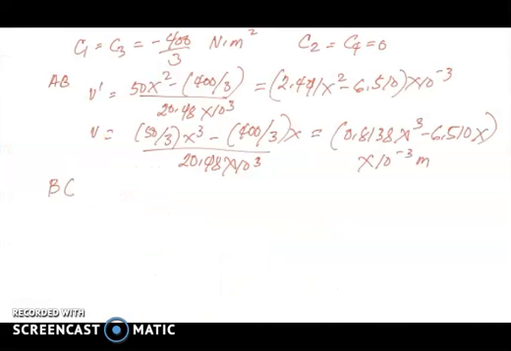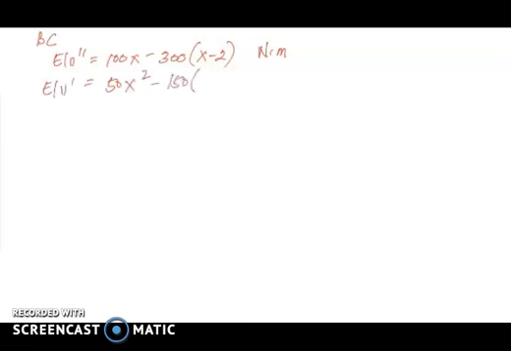For segment BC, we have EI v double prime equal to 100x minus 300 times x minus 2, in Newton meters. Integrating, we get 50x squared minus 150 times x minus 2 raised to the second, plus C sub 3.